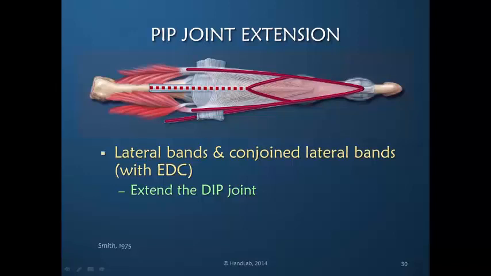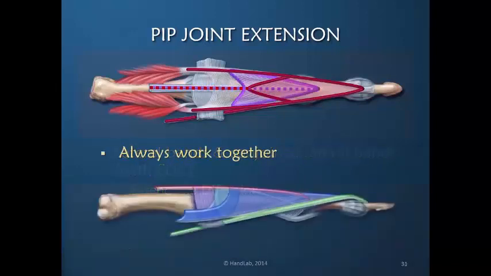Although Smith said this, he went on to say that these always work together. In other words, we never see full PIP joint extension without the DIP joint moving in extension as well in the normal finger. Likewise, we don't see one joint flex without the other.